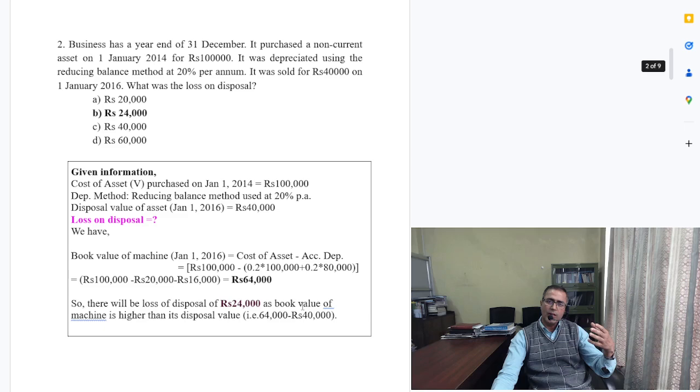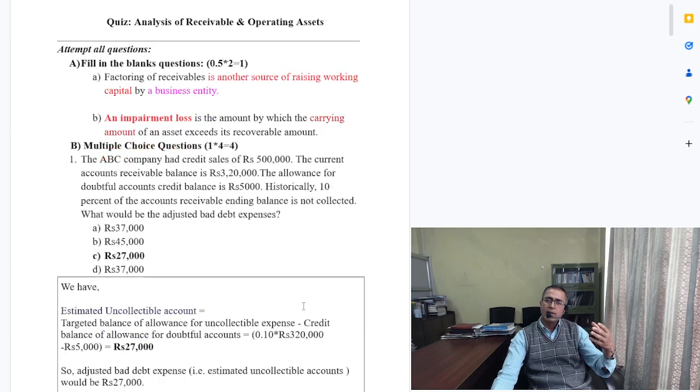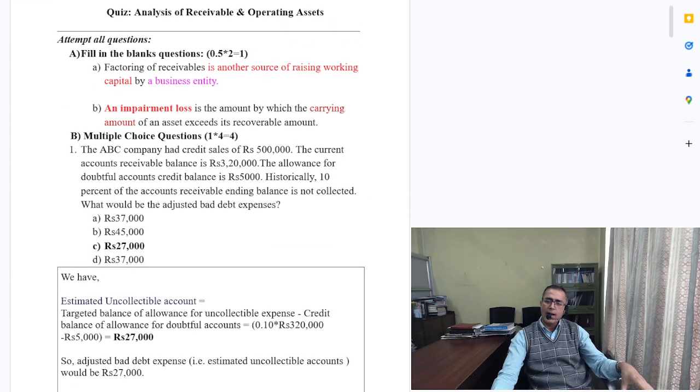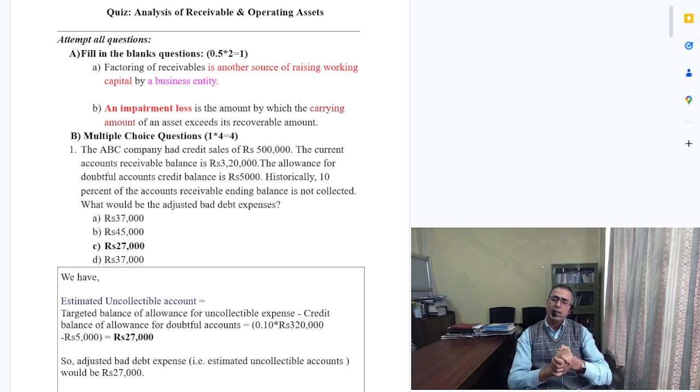Basically, friends, when we solve questions, how you present your answer is also important. If the answer is right but you just follow a shortcut, then your examiner may deduct some marks. So be careful while solving the question, friends.